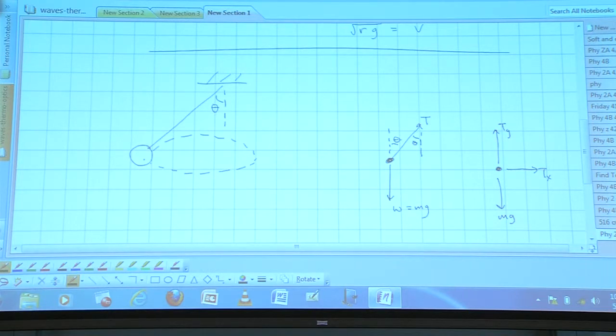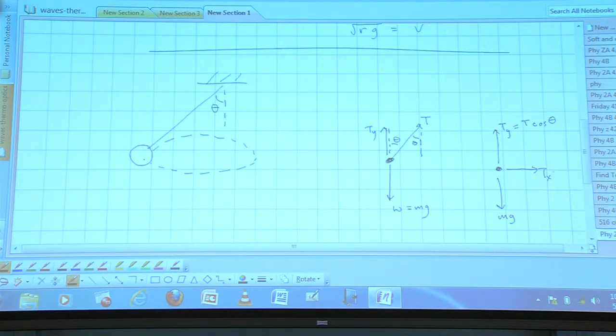So what is the y component going to be? Sine or cosine? T times the cosine of theta, because the y is the adjacent side here, and t is the hypotenuse.